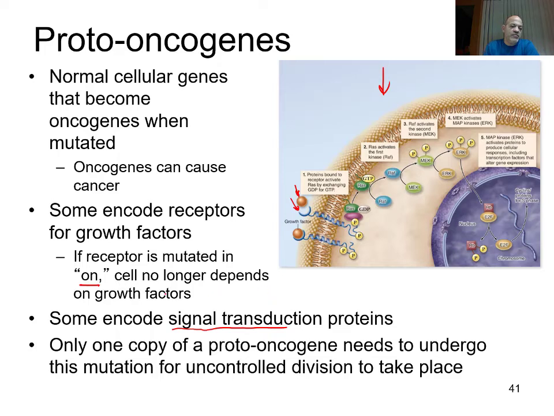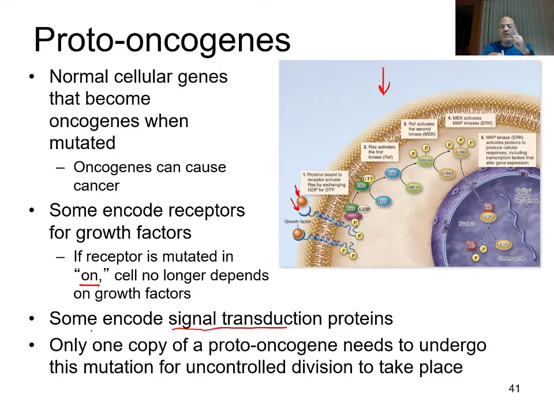Now, the important thing to remember for these proto-oncogenes is you only need one bad copy. You get two copies whenever a new individual is produced through sexual reproduction. You get two copies of every gene because you get one full set of chromosomes from the paternal and maternal side. They come together and you get two copies of every gene.